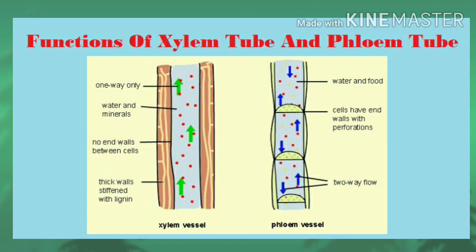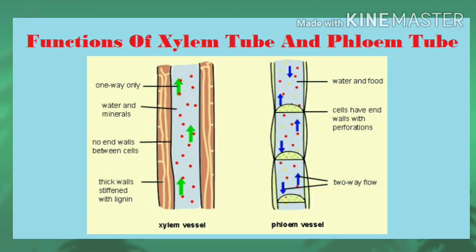Now xylem and phloem, what are they? Basically xylem is a kind of conductive tissue which carries water from roots to the upper parts of the plant. On the other hand, phloem is a conducting tissue which carries the food synthesized by the leaf to the upper as well as lower parts of the plant body for storage or for use also.